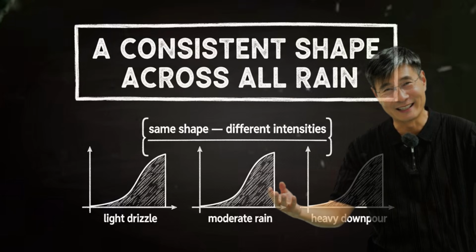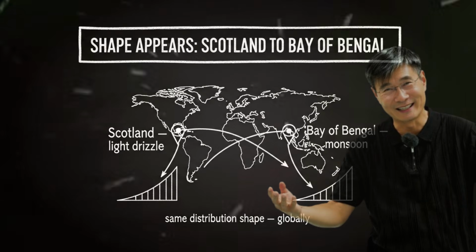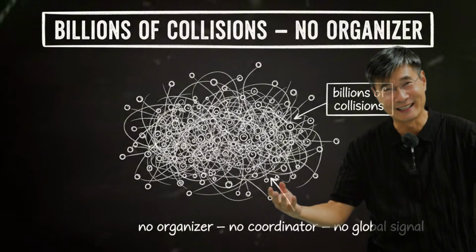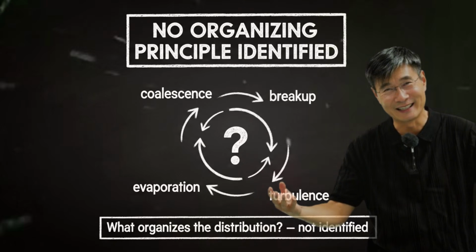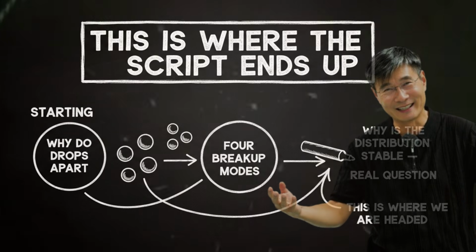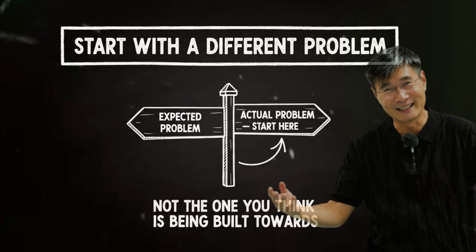It is about why the entire population of drops across a whole rainstorm, billions of drops at every stage of growth, breakup, and evaporation simultaneously, self-organizes into a stable distribution with a consistent shape. A shape appearing in rainfall from light drizzle in Scotland to monsoon downpours in the Bay of Bengal.